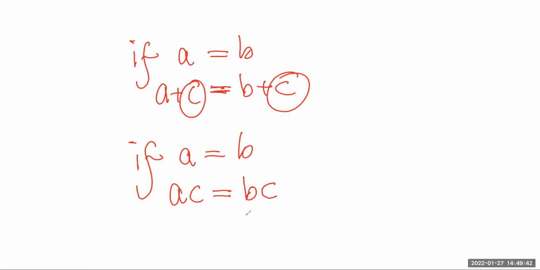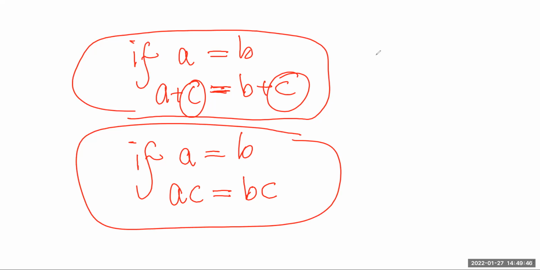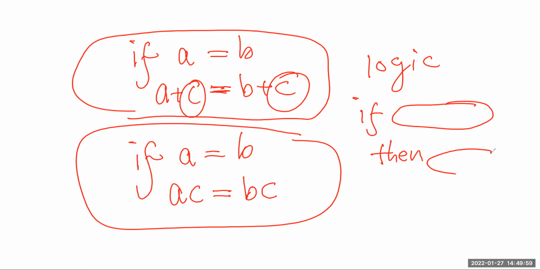So this is actually a typical math problem. It's called logic, because what we have here is an if-then structure. We say if this is true, then this is true.